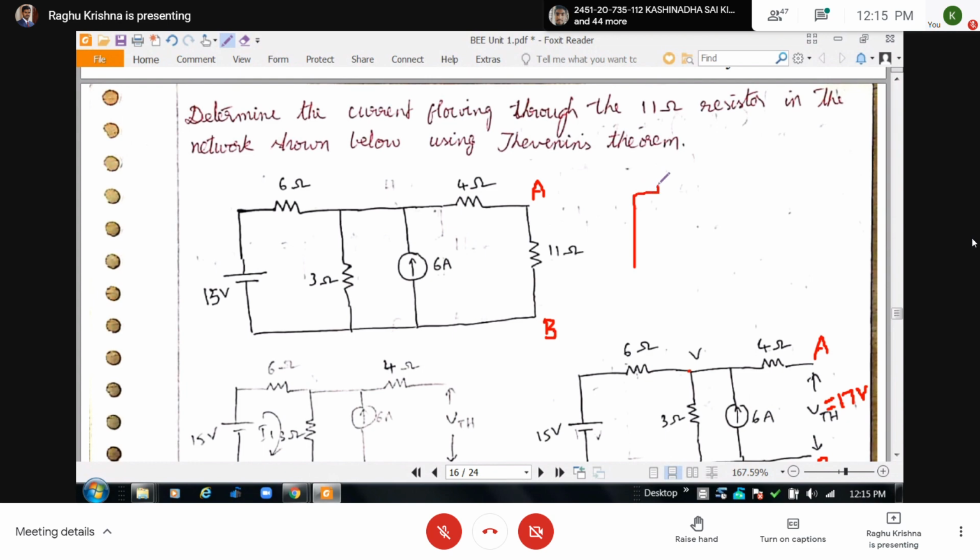Here is 6 ohms. For the sake of simplicity, I am not writing the symbol ohm, but it is a good practice to write the ohms.